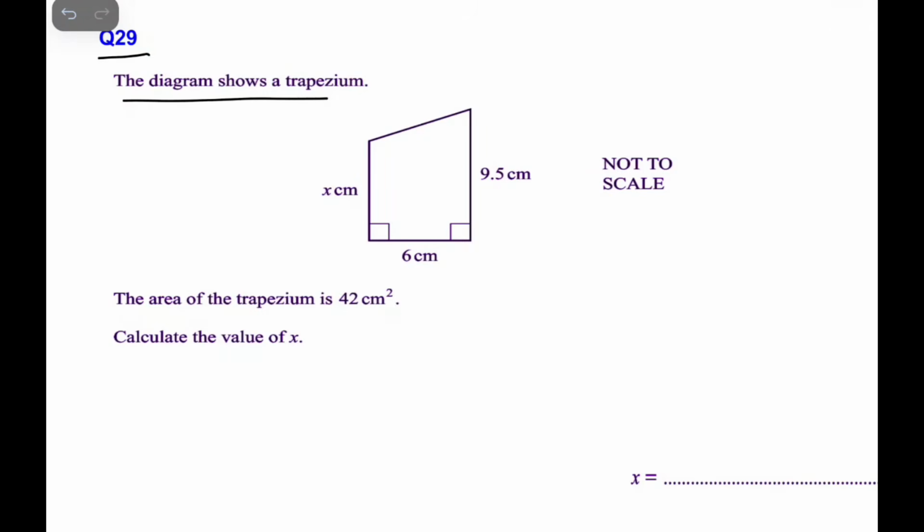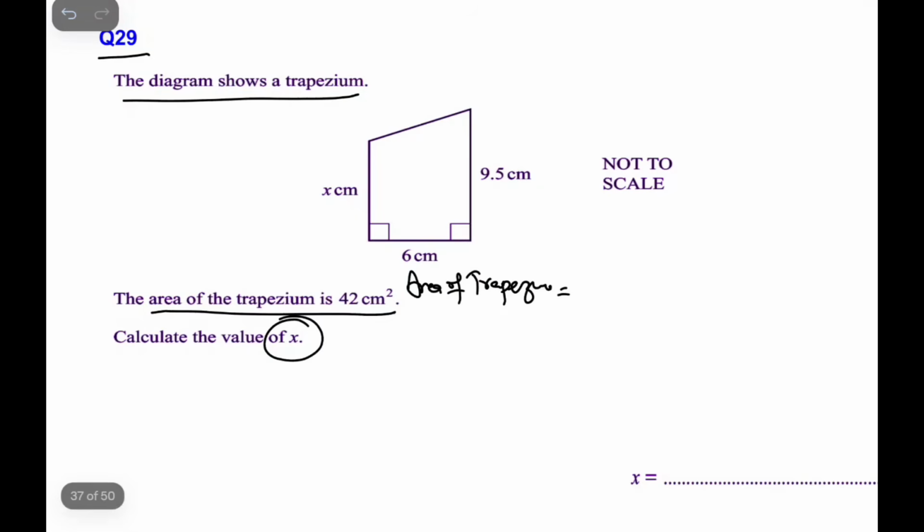Now question number 29. The diagram shows a trapezium. We have the area of the trapezium as 42 centimeter square. We have to find the x value. Now the area of a trapezium is equal to half times a plus b times h. So the area is given to be 42, which is equal to half times x plus 9.5 times 6.